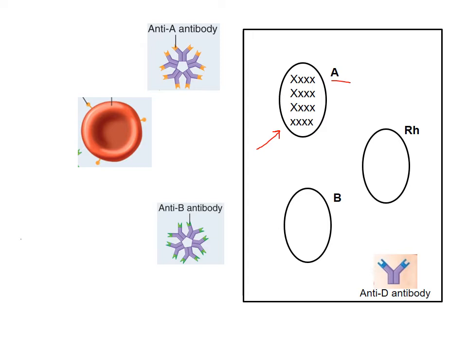So I know I have an A. I'll write it over here. Since I put this in here and there's no reaction, I know I do not have a B. Since I put the anti-D antibody in here and there's no reaction, I know I don't have the Rh factor. So the only antigen that I have is A, and so that means this is an A negative.